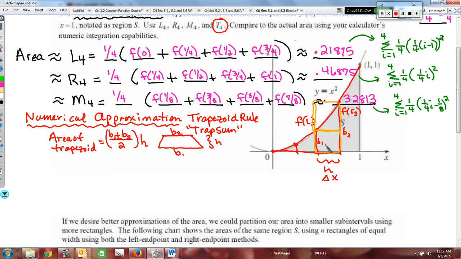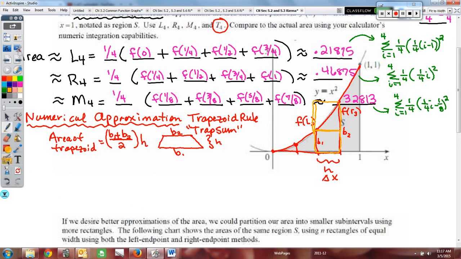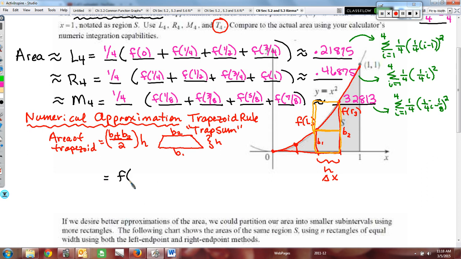And hopefully you can see that if I'm basically doing this sum of the area of the trapezoid, let's put this in terms of our notation. So we would take our f of the left one, L3 point. I know that's bad notation there, but you kind of go with what I'm going.